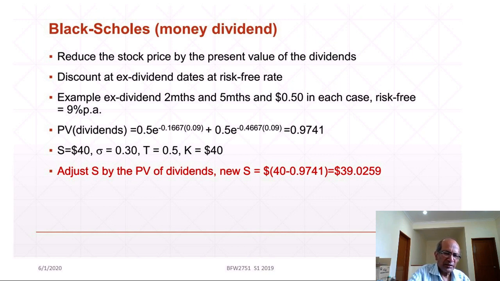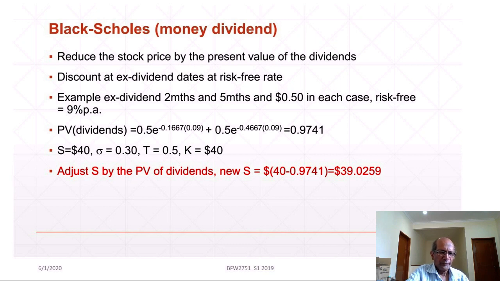So the present value of the dividends: first you take 0.5 times e to the power of minus 0.1667, that is 2 months over 12 months, times 0.09, plus another 50 cents times e to the power of minus 0.4667, the fraction for 5 months over 12 months, times 0.09. You add both, and the sum comes to 0.9741. That is the dollar value you are supposed to subtract from your S0, which is 40.